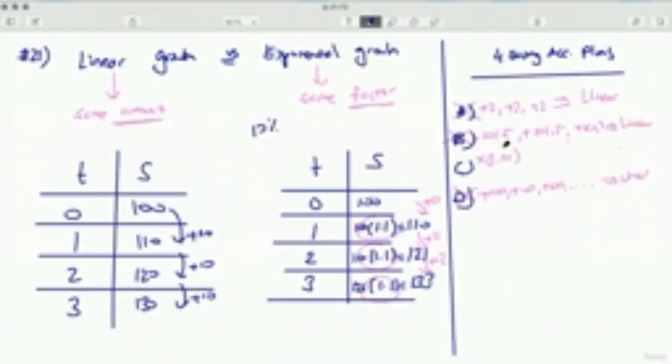Always 1% added to the current value in the account. And that's exactly what C says. Each successive year 1% of the current value is added to the value of the account. So again, this is simply what we did for the exponential growth for 10%. The story is the same here, only the added rate is much smaller at a rate of 1%. So our choice is C, and we're done.